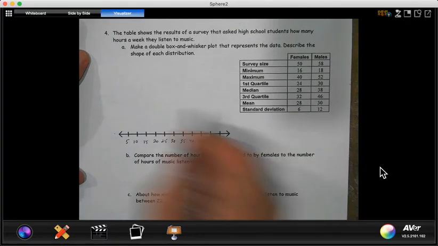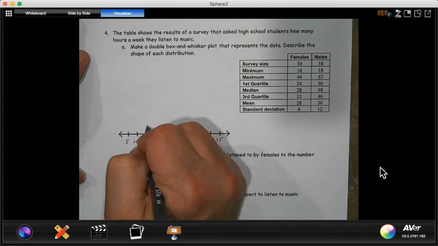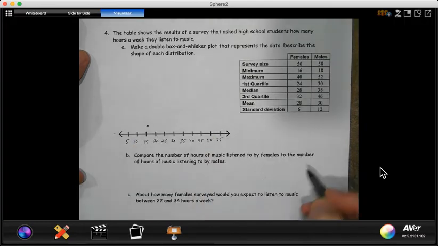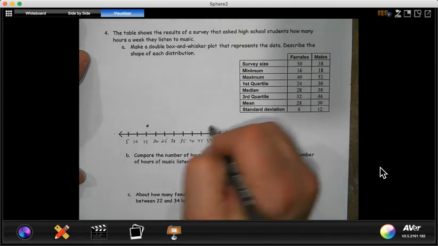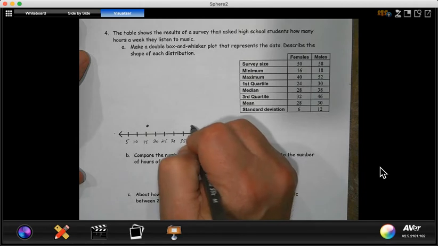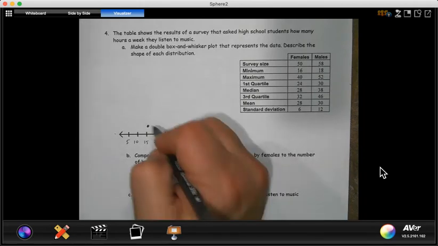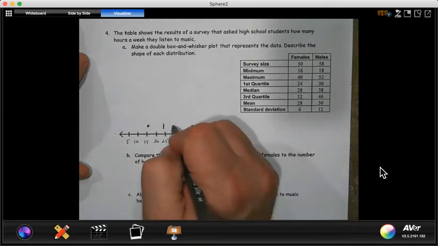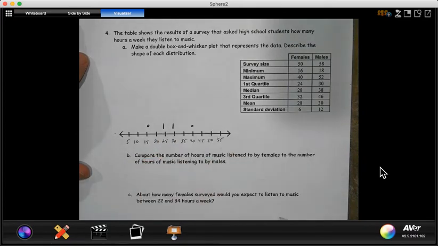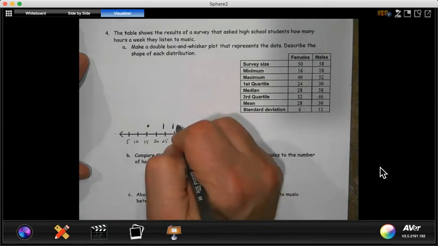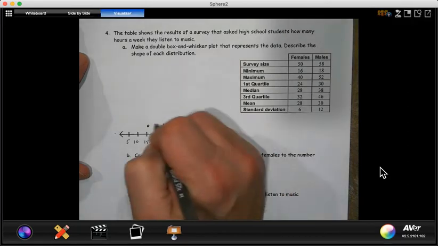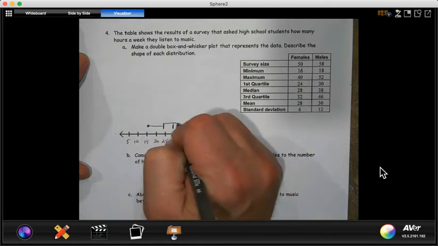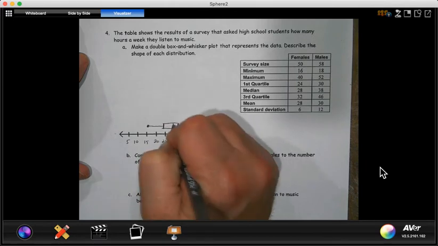And the minimum is 16 for the guys. And the maximum is 40. First quartile is 24. Median is 28. And the third quartile is 32. So it's whisker, box, whisker.